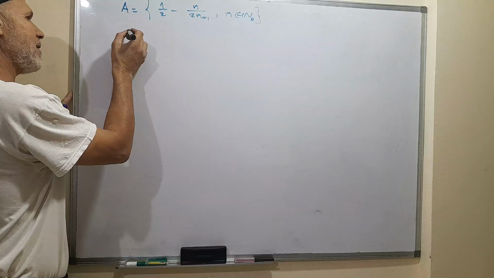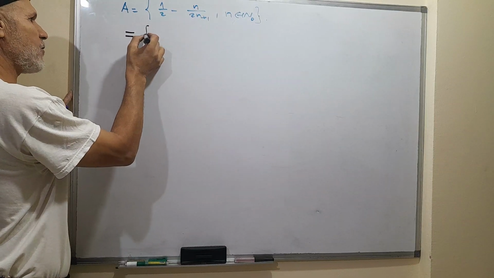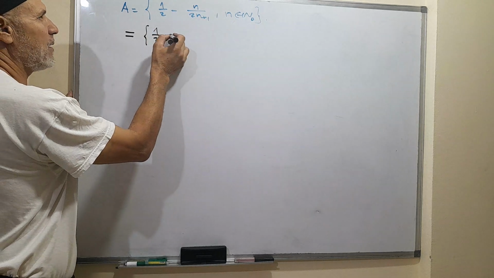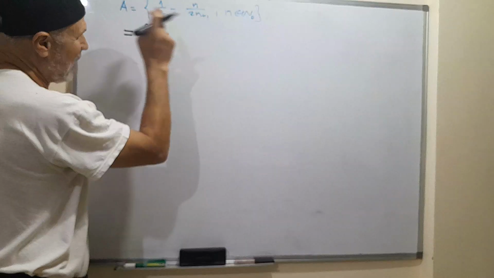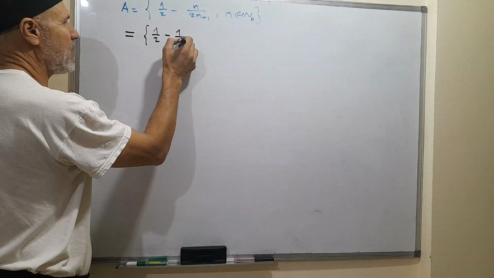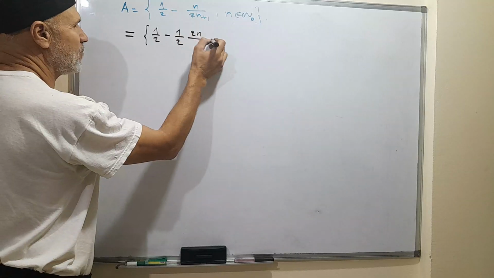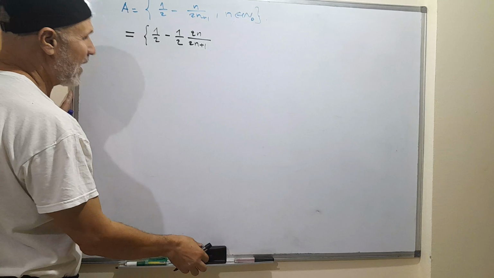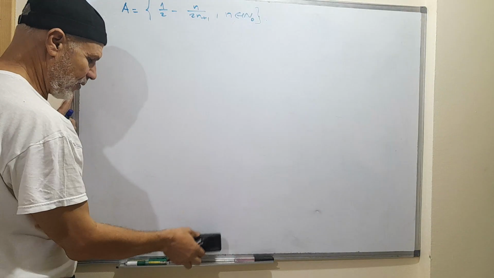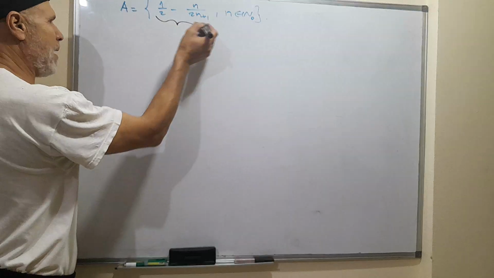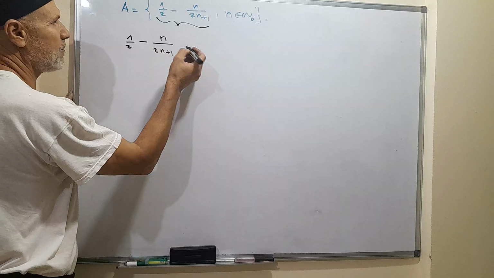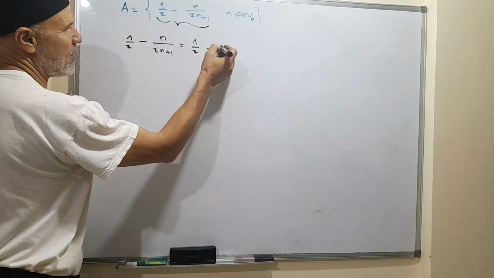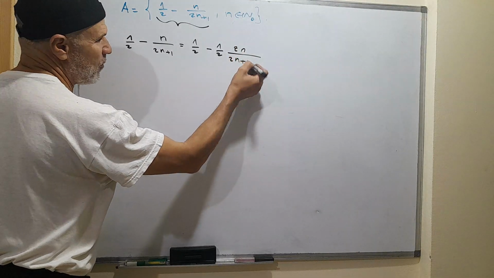I think that it is preferable if we can transform it like this. So instead of using this formula, I prefer to propose this formula. I mean this term is equal to 1/2 minus 1/2 times 2n over 2n plus 1.